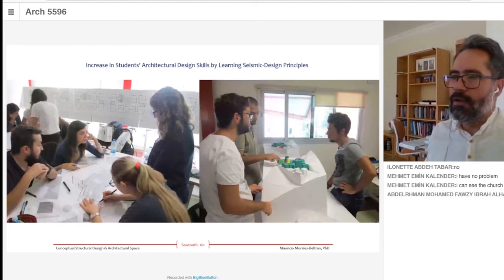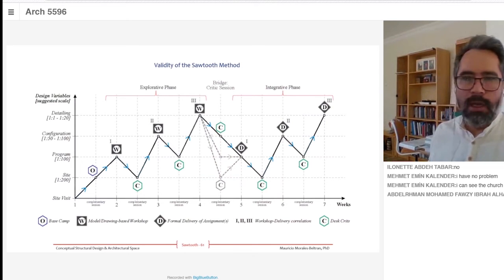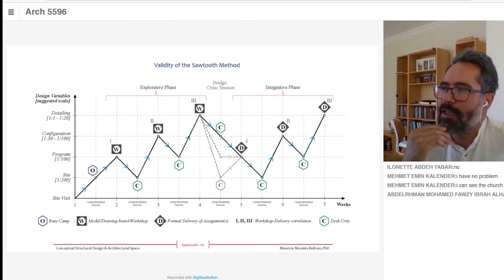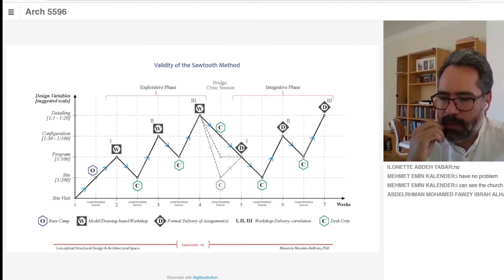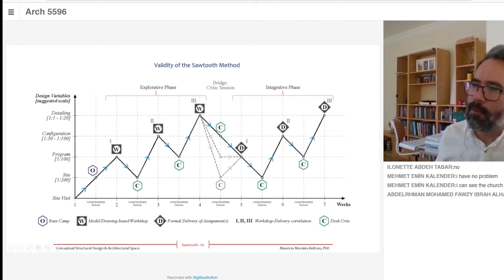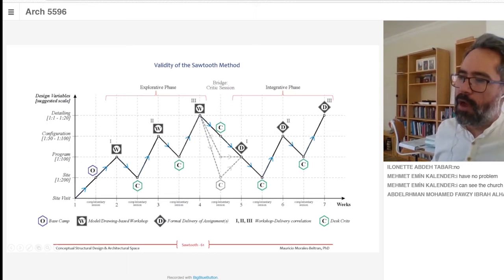It requires teamwork effort. And finally, we come up with some sort of ideal sawtooth method, and we think that this is applicable to any architecture studio that is aiming to introduce technical knowledge in it. So we have a first stage that we call the exploration phase, in which you introduce workshops, either model or drawing based, and then you have a critic, a conversation with them.